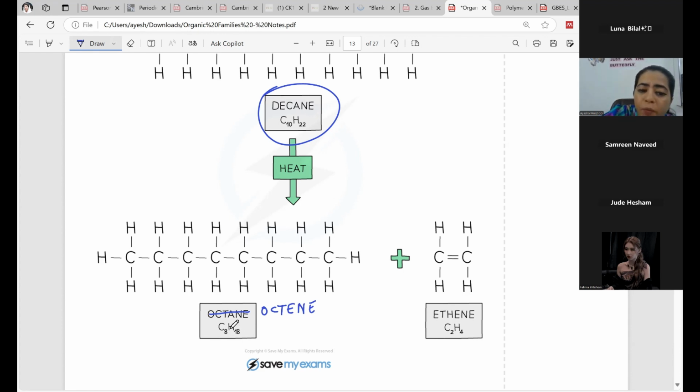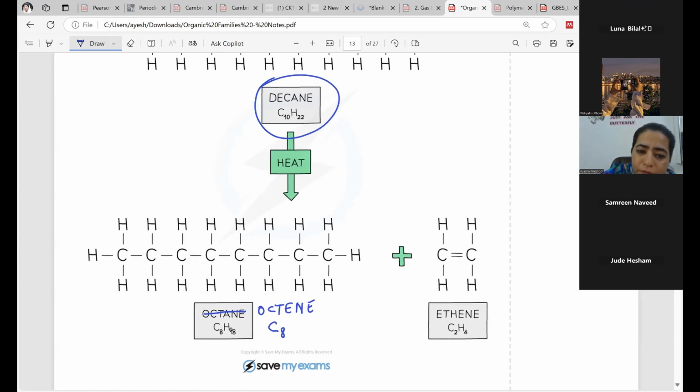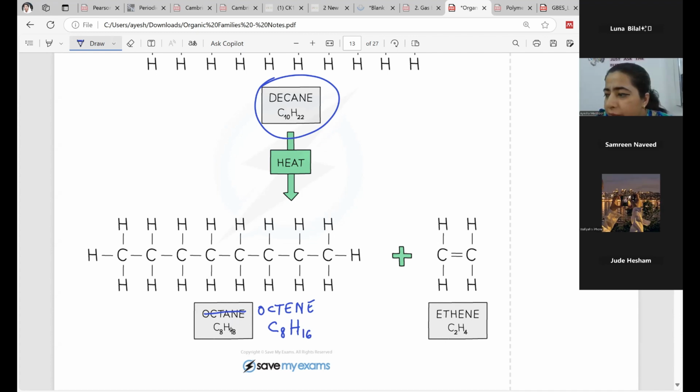So what will be the formula of octene? 8 carbons with how many hydrogens? Octene, 8 carbon alkene. What should be the formula? Yes, 8 carbons and 16 hydrogens. Hydrogen will be just double of carbon, right?